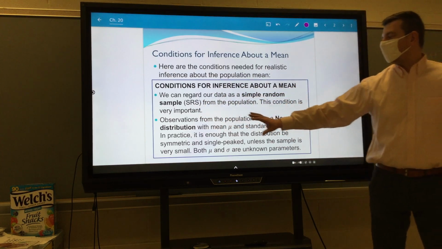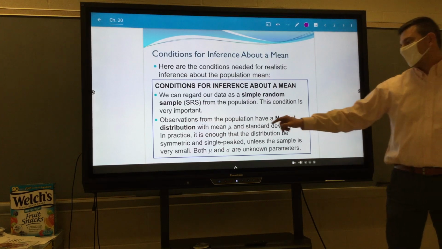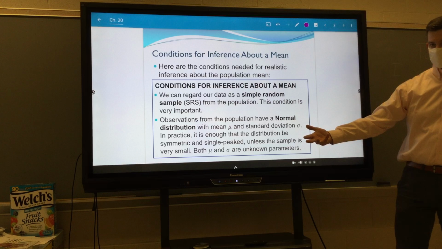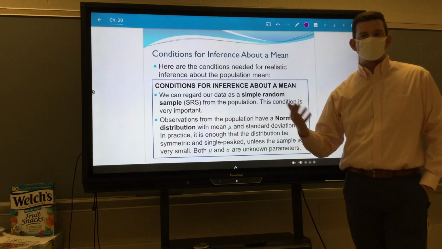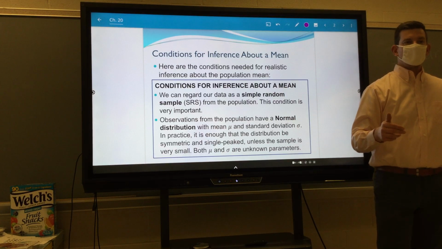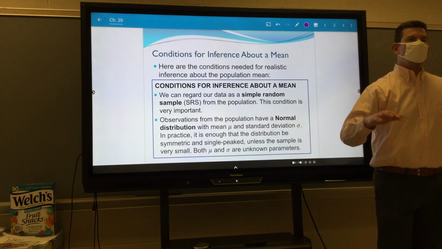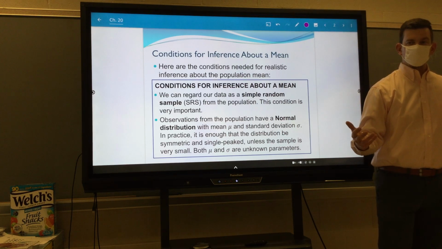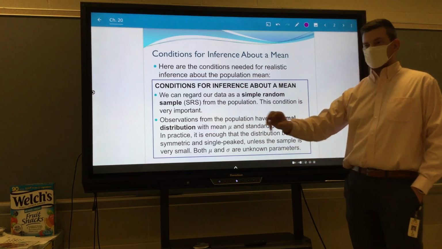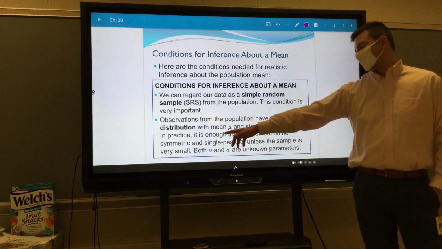But some of our other conditions, remember we had said that for the normal distribution, we have a normally distributed population, which we verified sometimes, but because of the central limit theorem, we were able to get away with a slightly non-normal population as long as the sample size was big. Because it's the sampling distribution that our procedures reference.